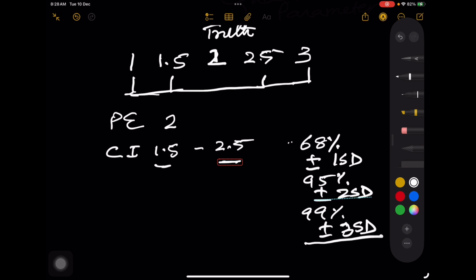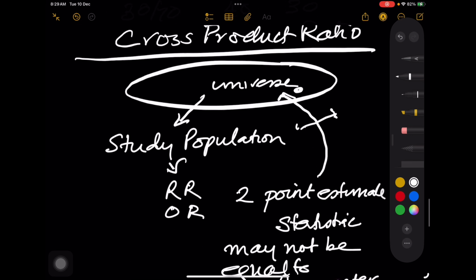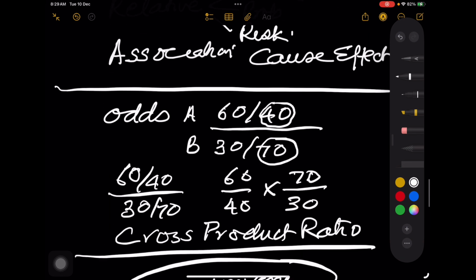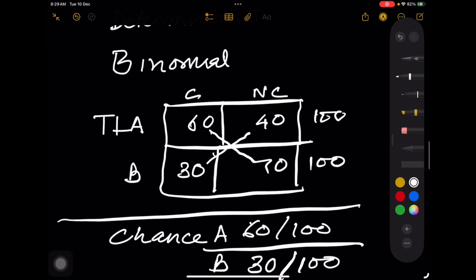Usually the statistics would give you a 95% confidence interval. That means that if you do the study 100 times from the same universe, 95 times you will get a risk ratio between 1.5 and 2.5. So this is the association between binomial variables if both cause and effect are binomial.